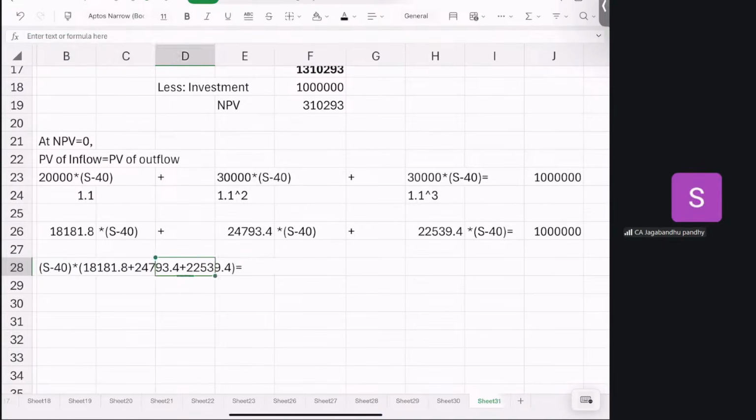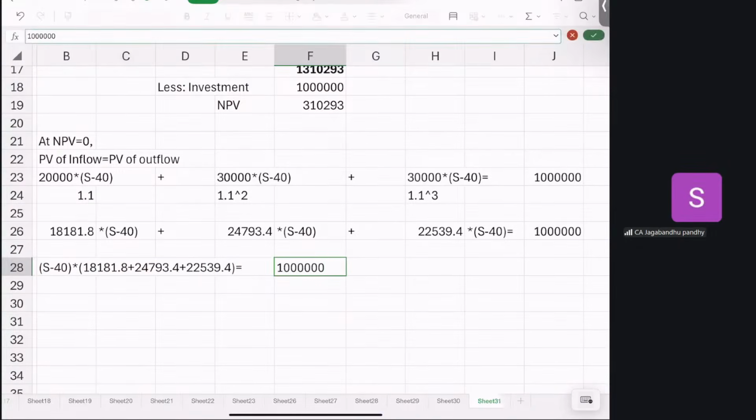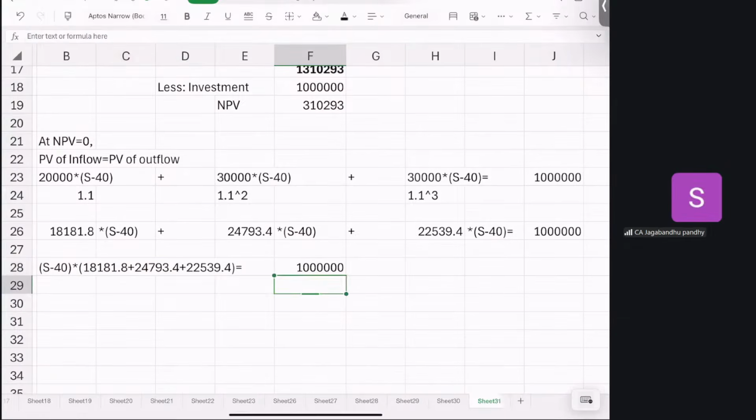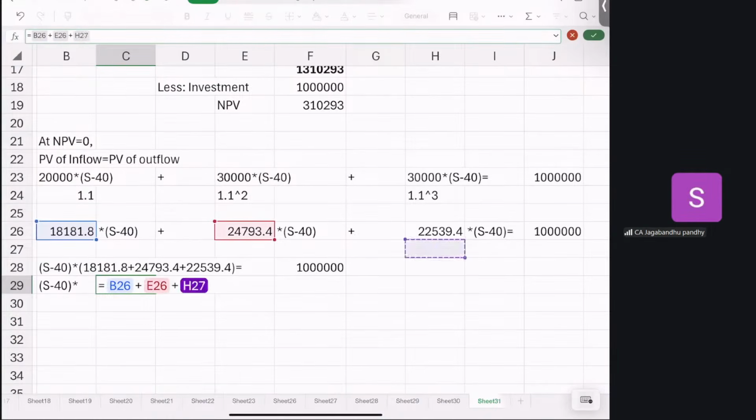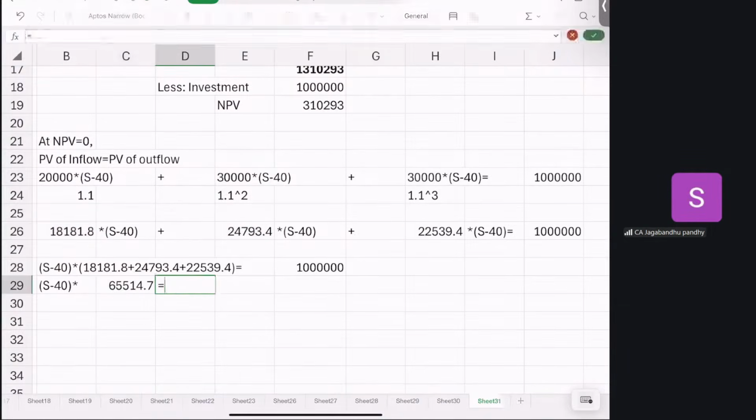This is equal to 10 lakhs. So S minus 40 into this sum should be equal to 10 lakhs.